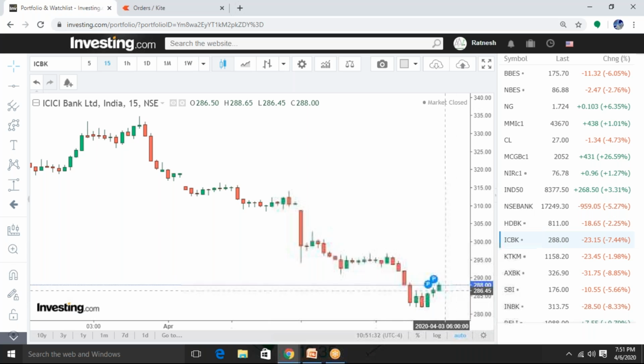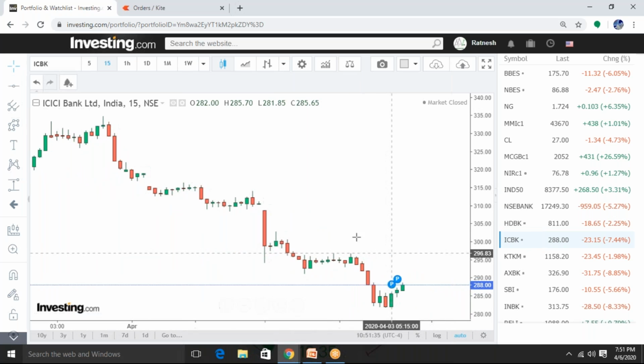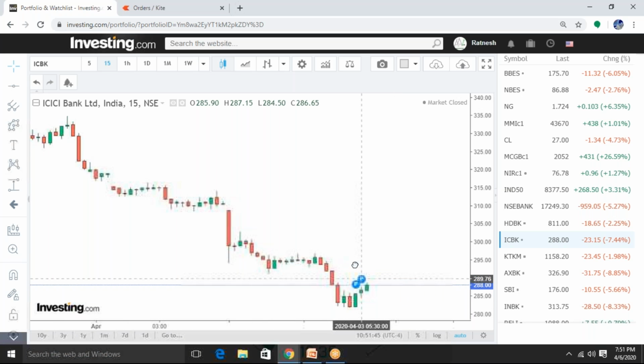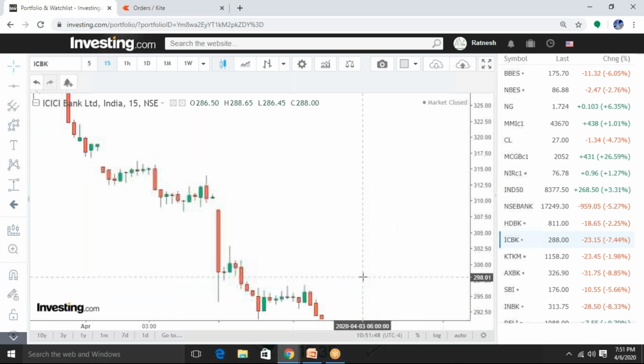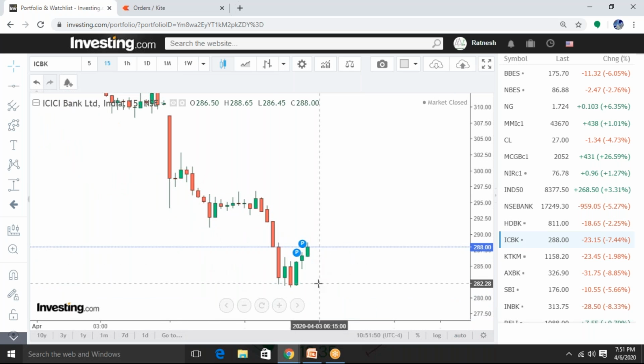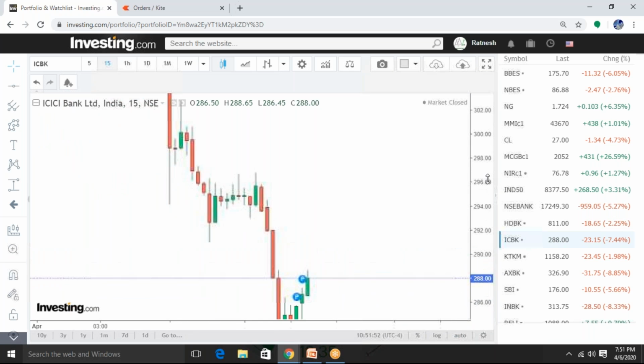Currently, look at ICICI Bank. There was almost an engulfing pattern, followed by a confirmation, I think at a bottom. Almost a tweezer you can consider, both are similar.